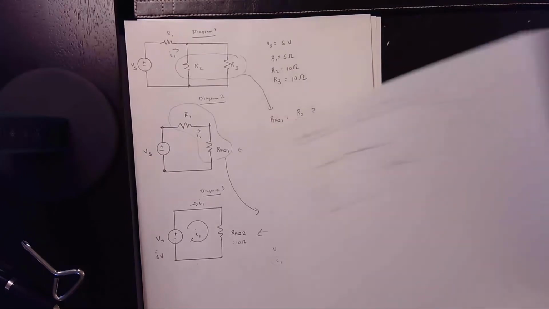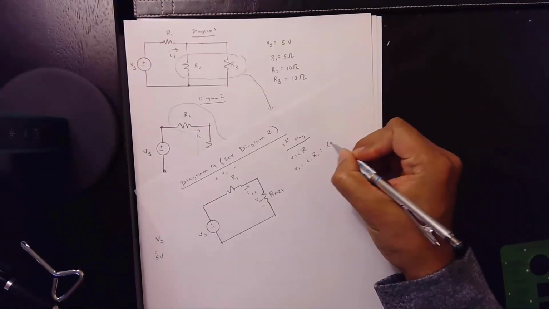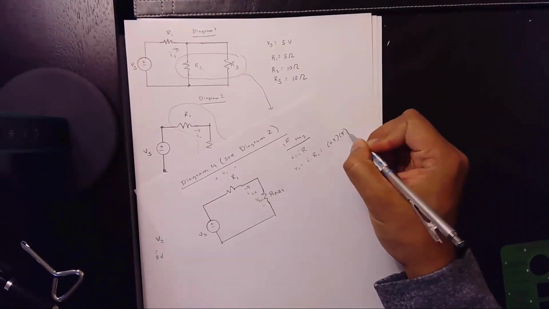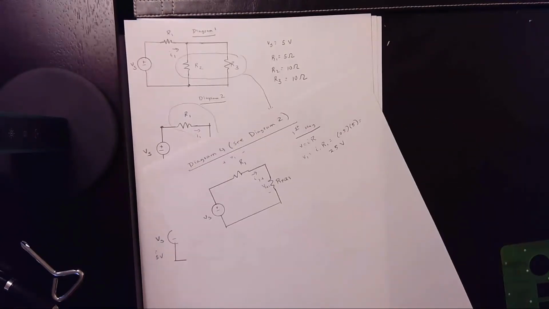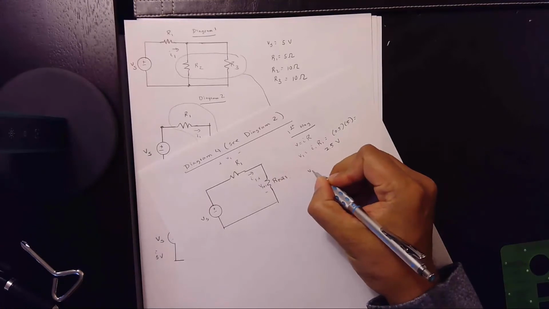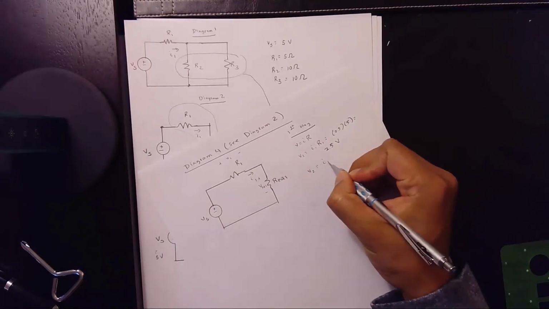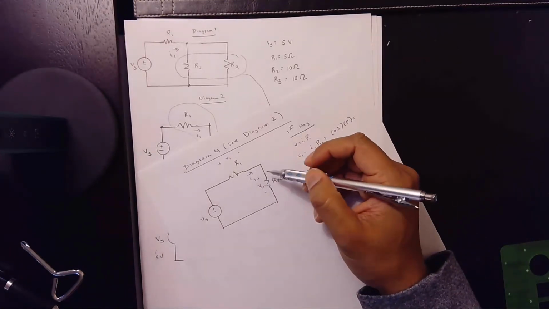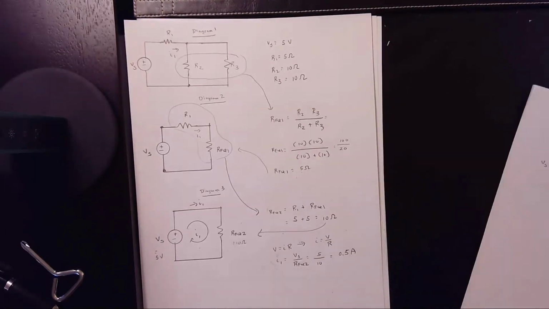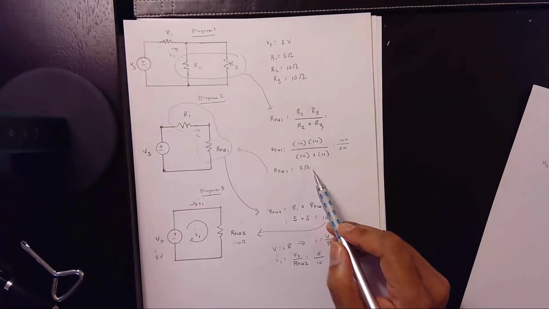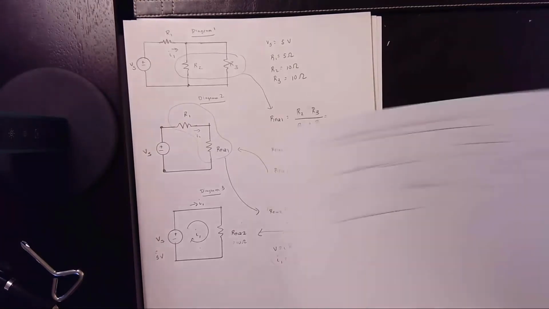So you just go 0.5 times 5 ohms gives you 2.5 volts. V2 is simply I1 over REQ1. What is REQ1? REQ1 is also 5 ohms. So you have to keep track, right?